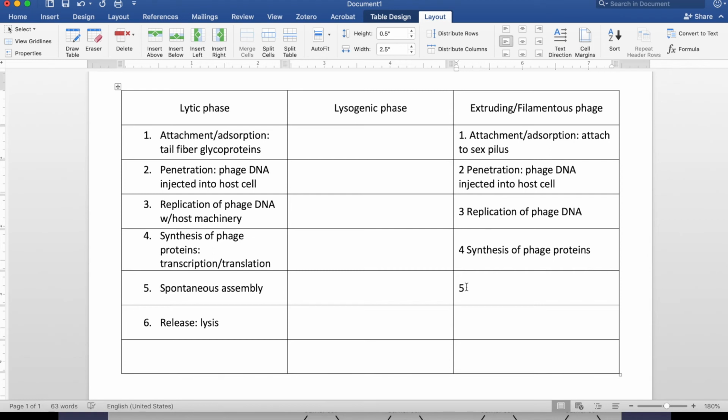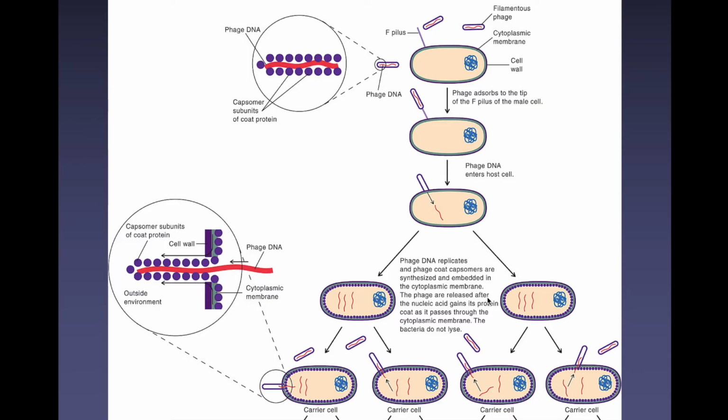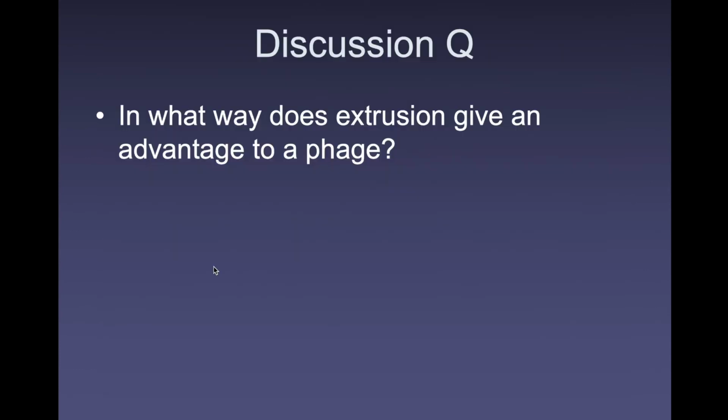So for 5, the capsular proteins line inside of the cell membrane, and so 6, release, is through extrusion. Okay, release is through extrusion. But again, it is an active infection.